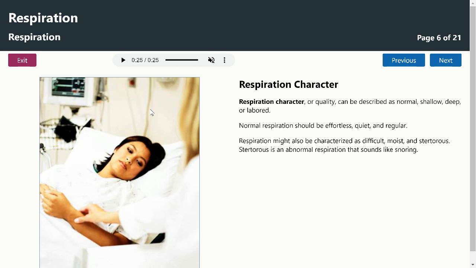Normal respiration should be effortless, quiet, and regular because it's a part of the autonomic nervous system. We don't think about breathing. It's just something that does. Your brain and your lungs and everything work together. Respiration might also be characterized as difficult, moist, and stertorous. Stertorous is an abnormal respiration that sounds like snoring.